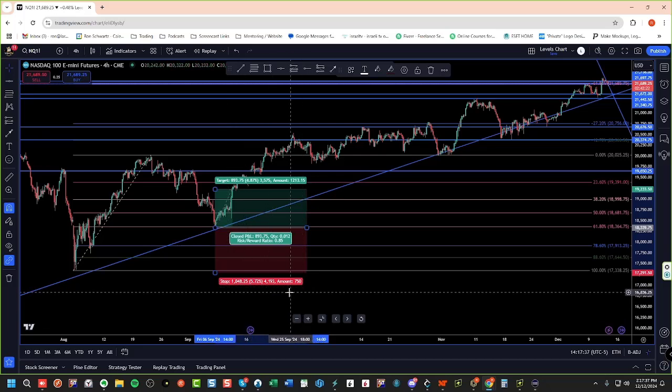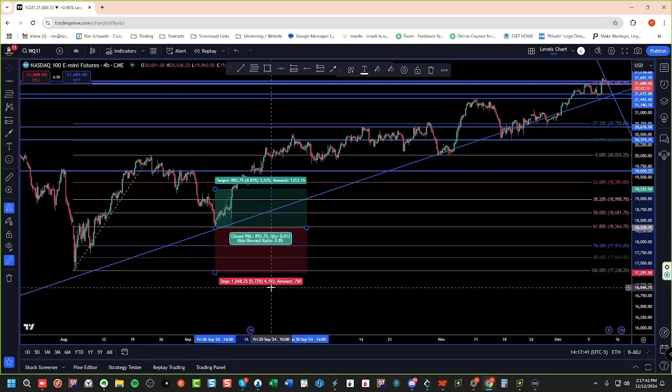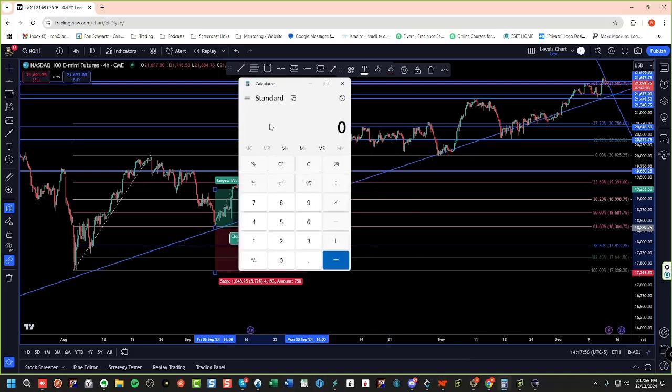My stop is, what is that? 1,000 points. 1,048.25 times 4. 4,100 ticks times 5.